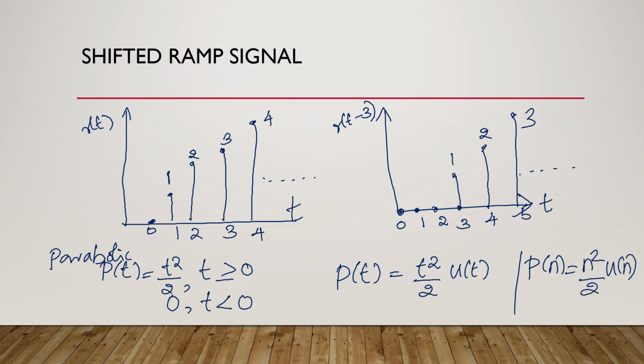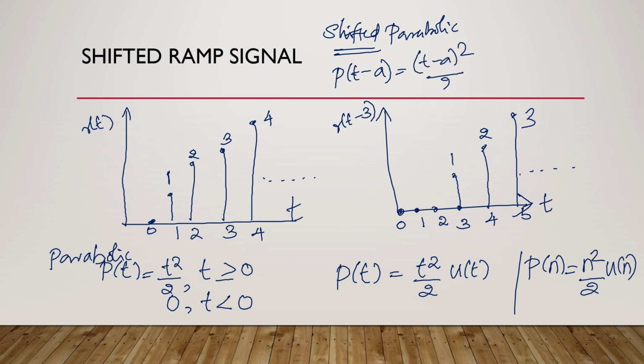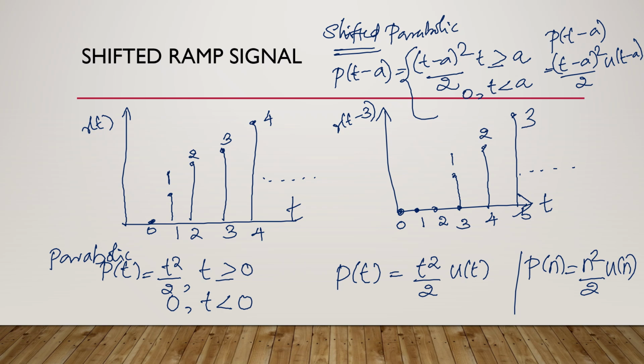Now also, how can we draw the shifted version of the parabolic signal? p of t minus a is equal to, in place of t you write t minus a, the whole square by 2, for t greater than or equal to a and 0 for t less than a. Similarly, we can write p of t minus a as t minus a the whole square by 2 times u of t minus a.